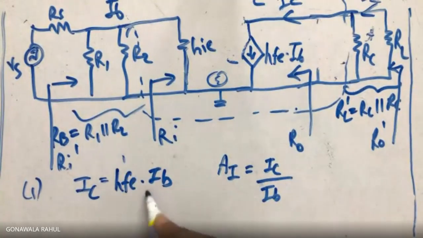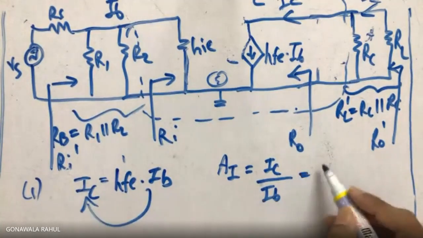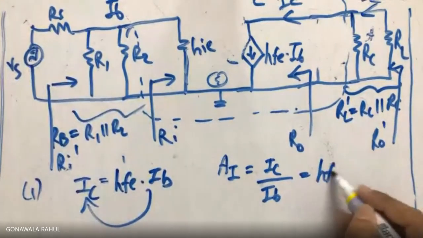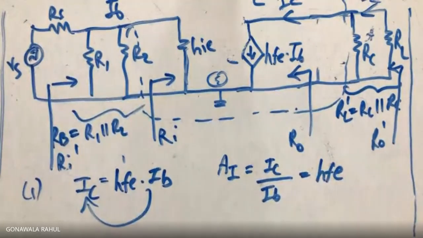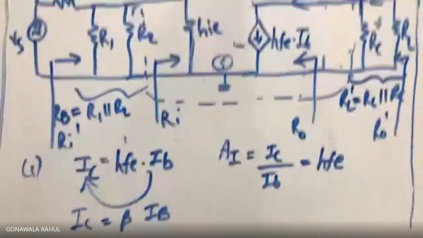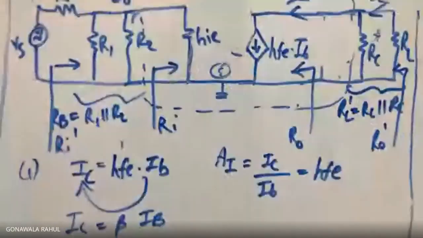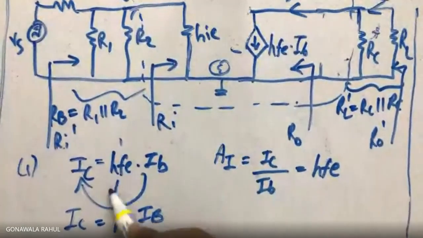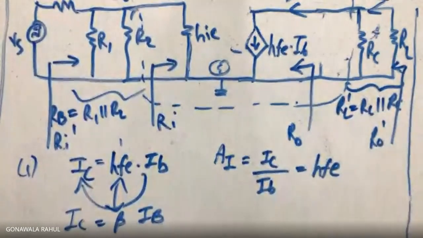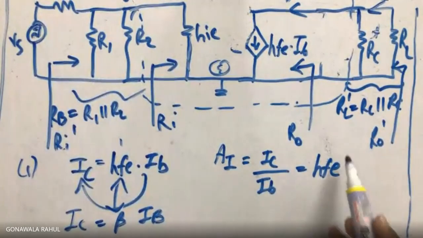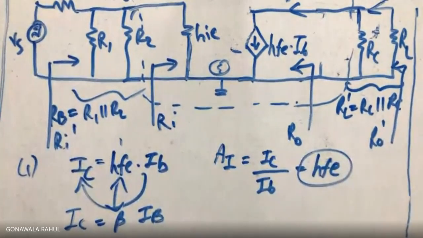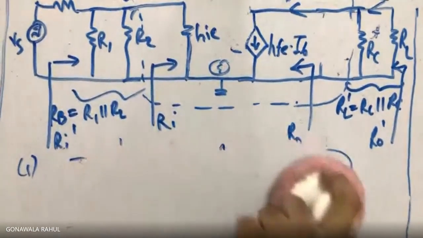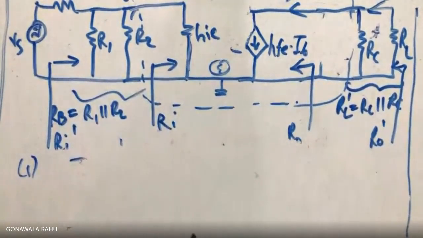So from this we can say that our current gain AI is equal to HFE. Earlier we have studied that IC is equal to beta IB. Clear? So this was the comparison. So current gain would be HFE. Clear? Now we are going to see the current gain for the entire circuit.